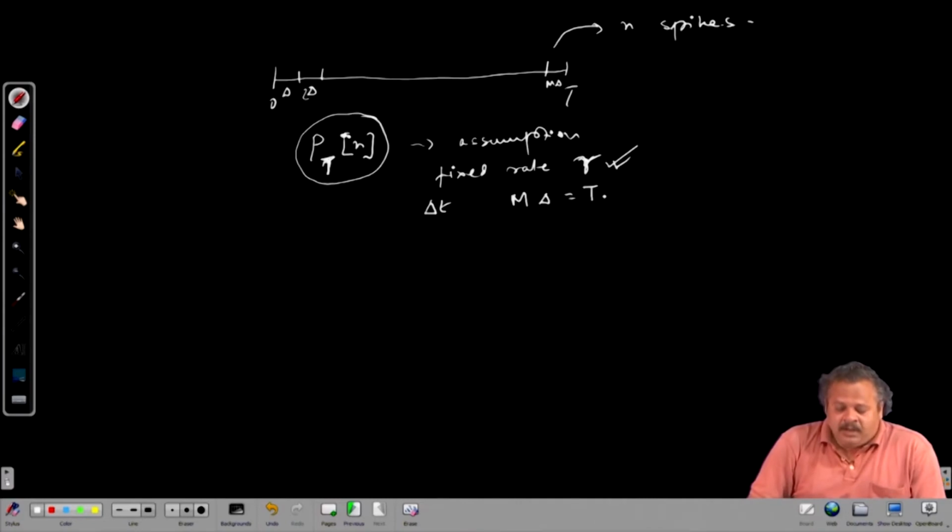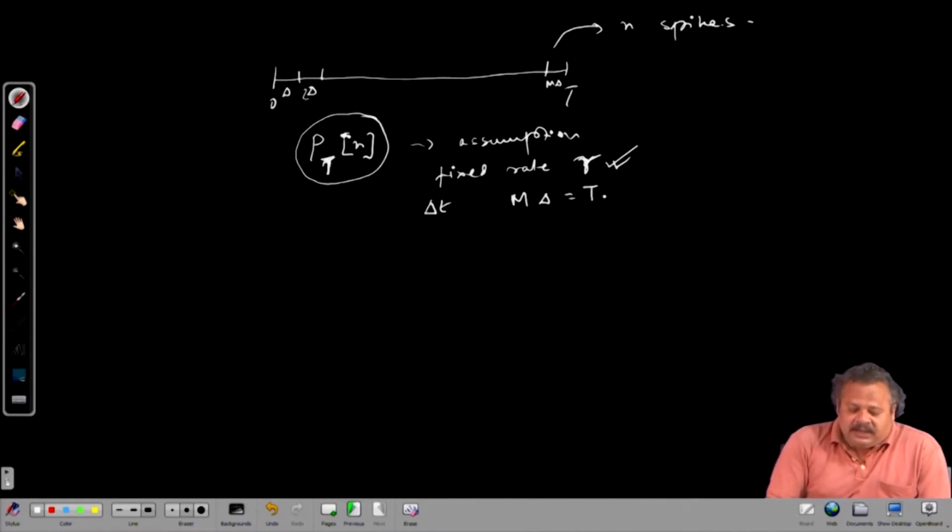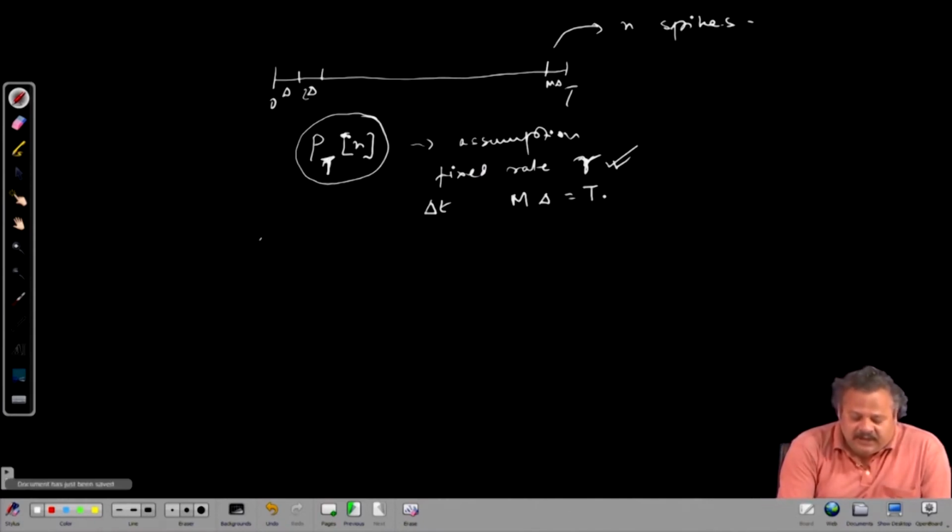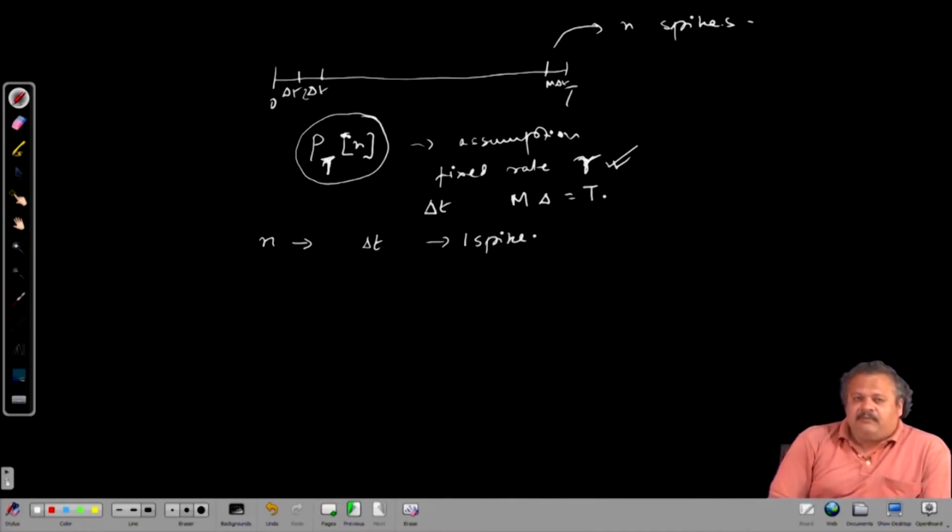So, essentially these are independent events occurring over time. We have n spikes that need to occur in this capital T window, and we assume that delta T is so small that there is at most one spike possible in that time window.